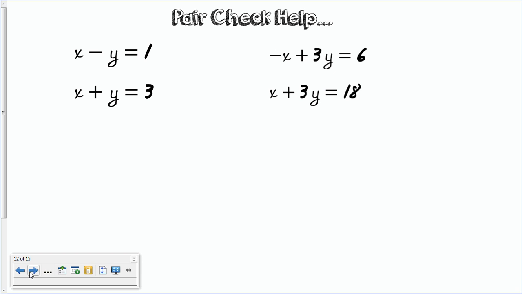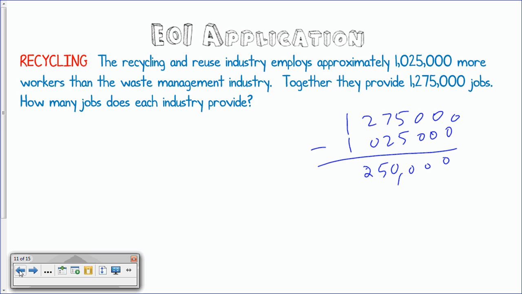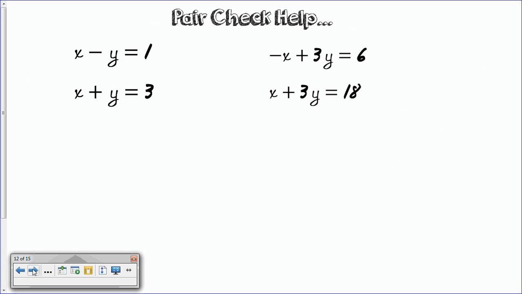I'm running out of time. Opposites? It's on your paycheck. Opposites? Yes. What are they? The Y's, right?